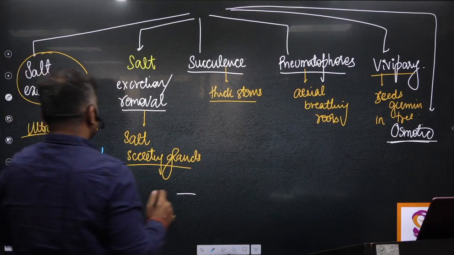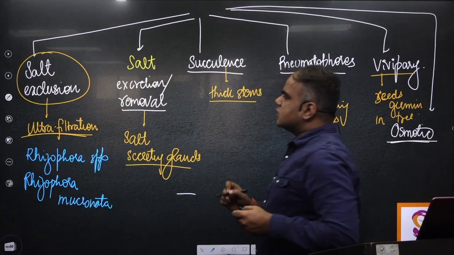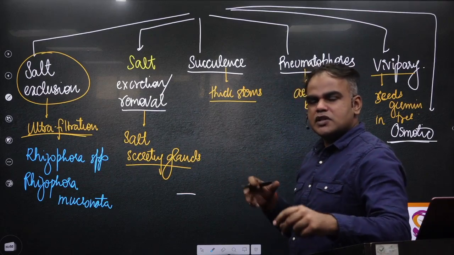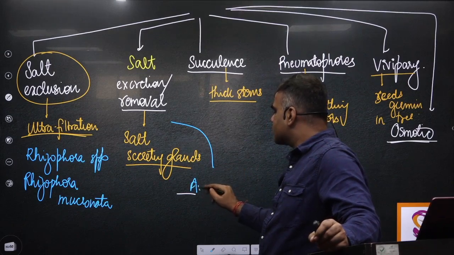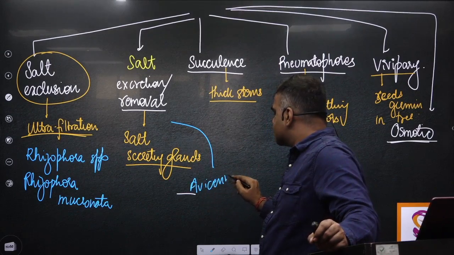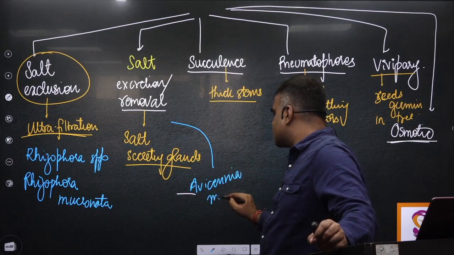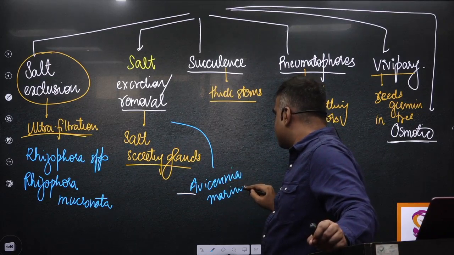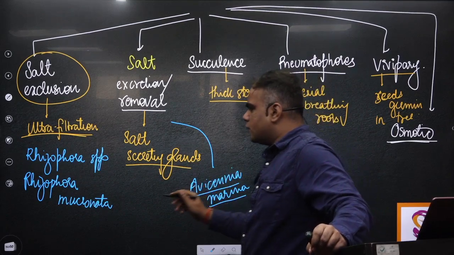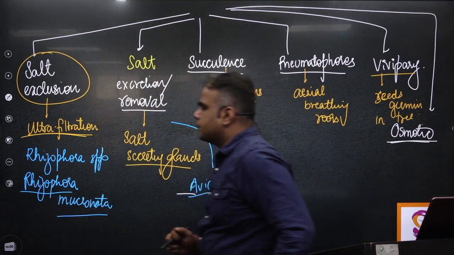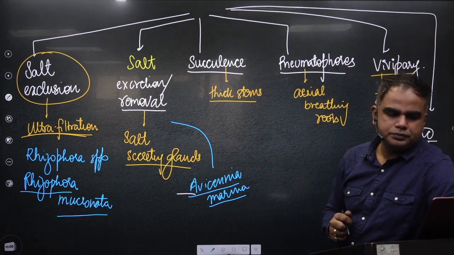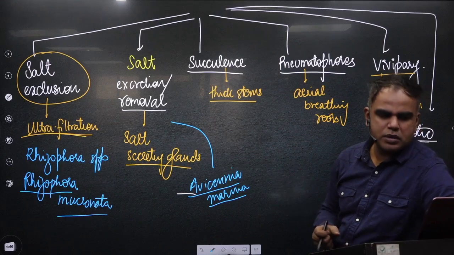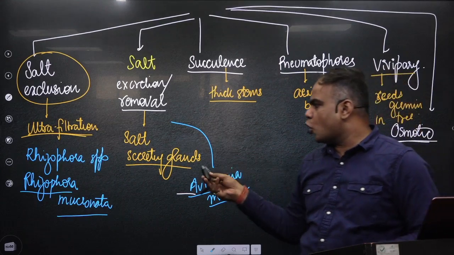Then for salt excretion, which means they have salt secreting glands, we can give the example of Avicennia species, or specifically Avicennia marina. And of course, you have to underline it.